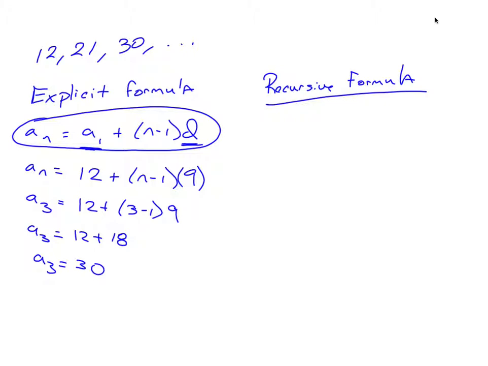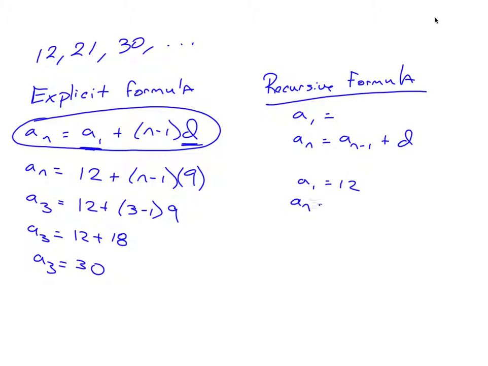Okay, for the recursive formula, you have to tell us what the first term is, and then we need a sub n equals a sub n minus 1 plus my common difference. So it's like a two-piece formula. You have to figure out what a sub 1 is, and then you fill in a sub n equals a sub n minus 1 plus the common difference. So in this case, a sub 1 equals 12.